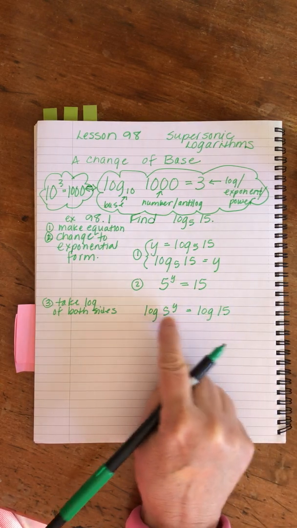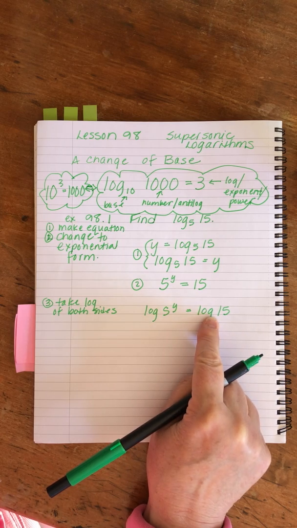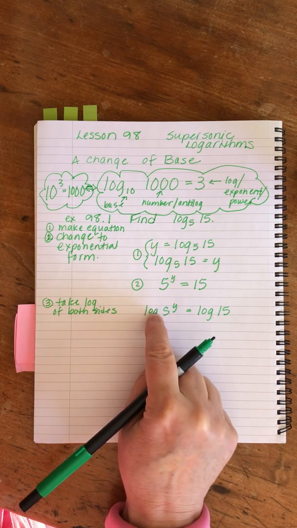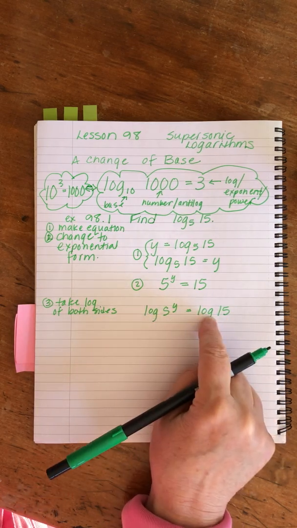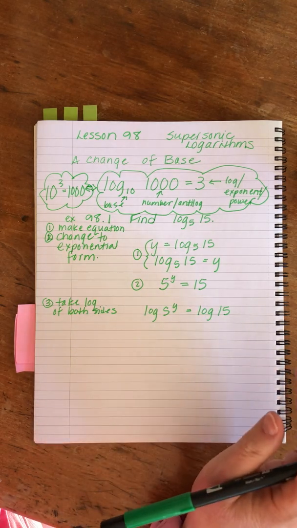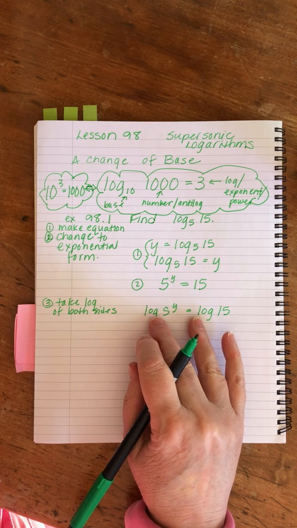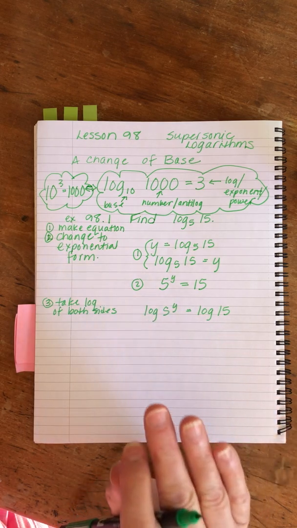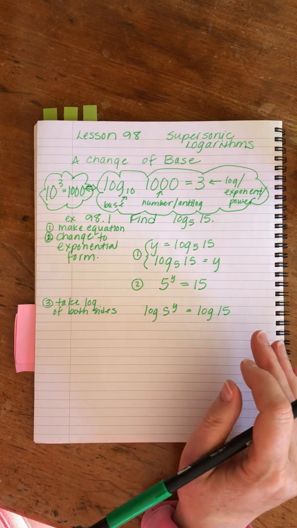And now what we've done is we've converted it into a common log problem, a base 10 problem, right? We could convert it into e, right? We could use e instead. And that will work out just as fine. I'm going to work it in the common log, base 10. But the process would be exactly the same. You would just use different buttons on your calculator.